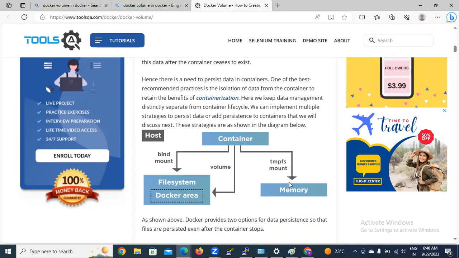When we are assigning a volume in memory, that type is called a tmpfs mount. The second one is a bind mount. When we are binding a volume from the host itself, it is called a bind mount. And the third one is a volume. When we are creating a volume internally in the Docker area, it is called a volume. So we have three options.